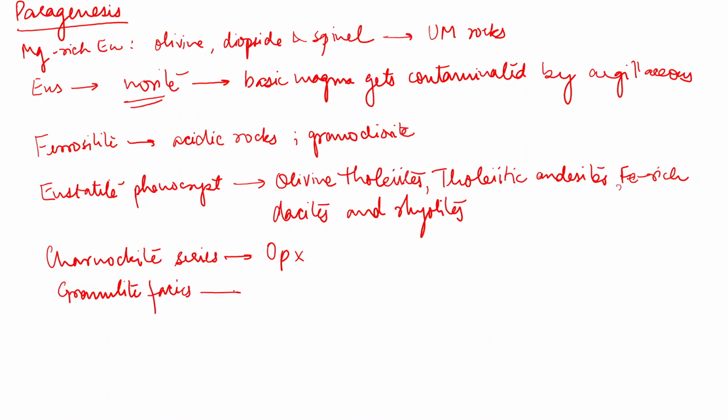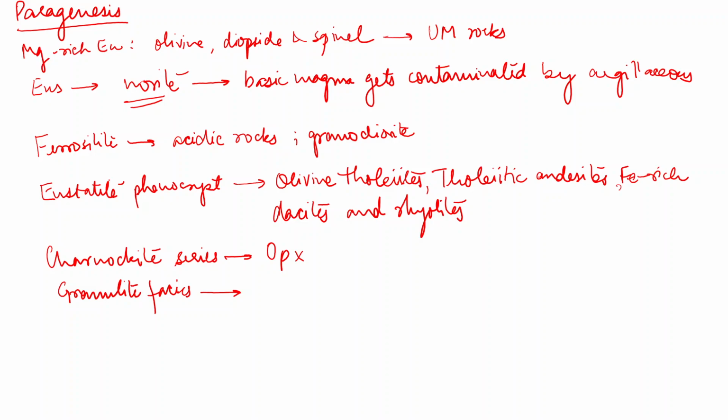If you remember the discussion about the Dharwar Craton, or you must have read about it, there the charnockitization process and the granulite facies rocks, you will find the presence of orthopyroxenes in those rocks.